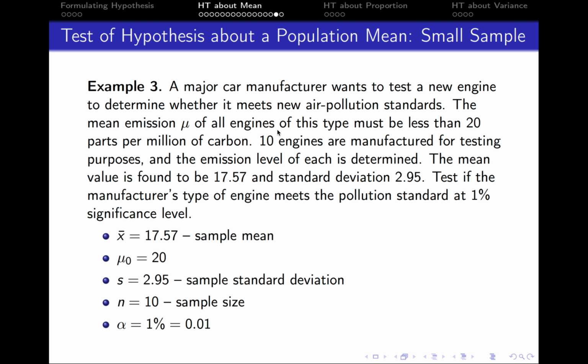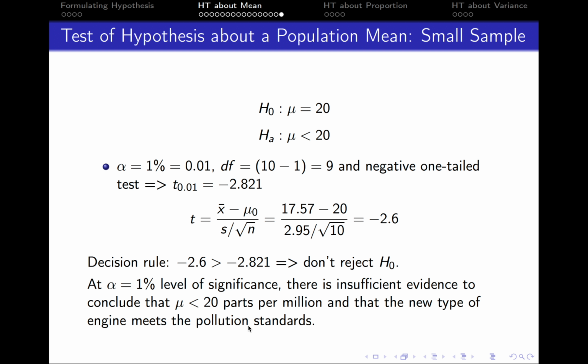The sample size is 10 engines, and for the significance level alpha, we are asked to use 1% or 0.01. So first, as always, we need to formulate the null and alternative hypothesis.